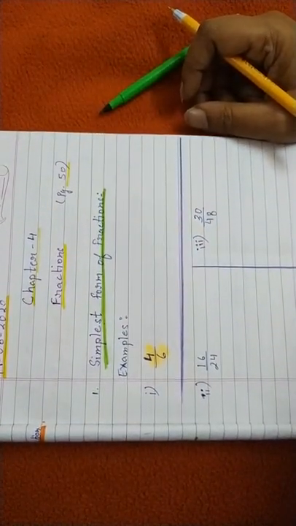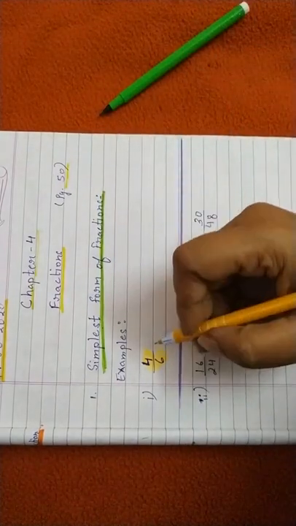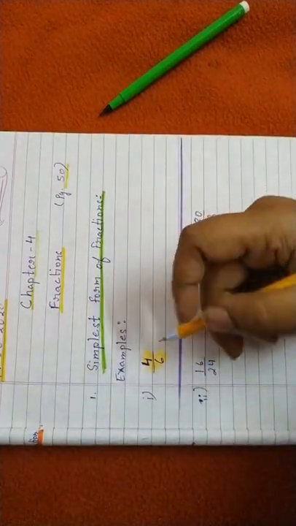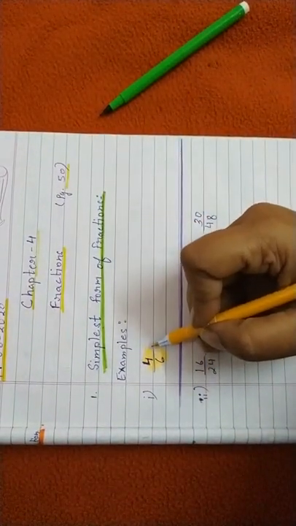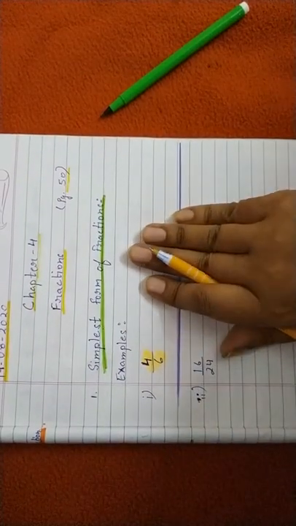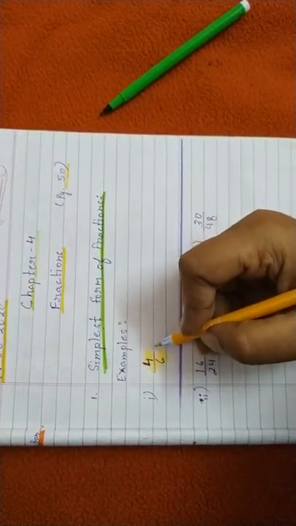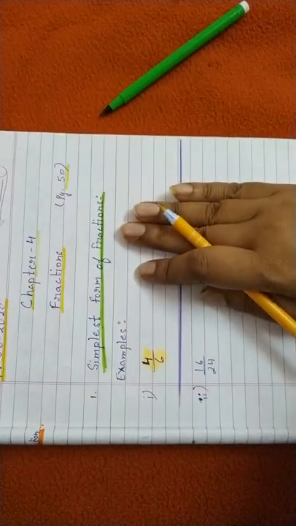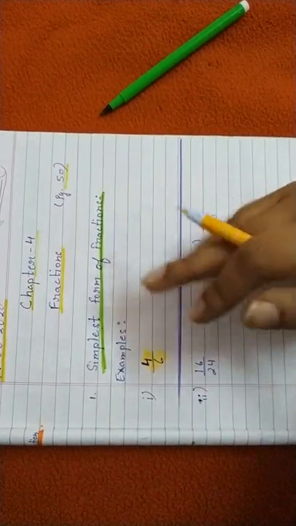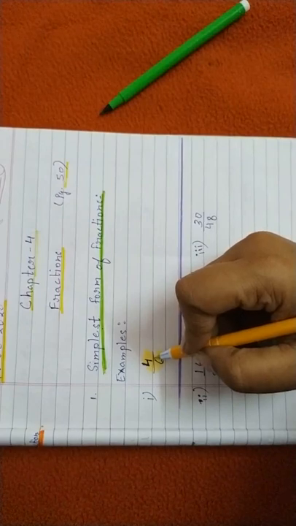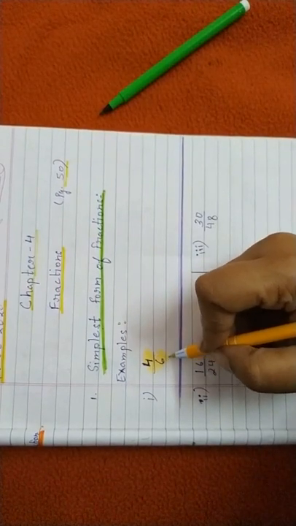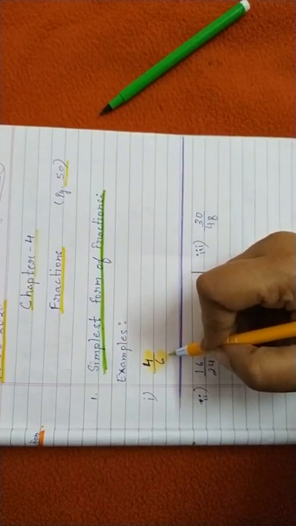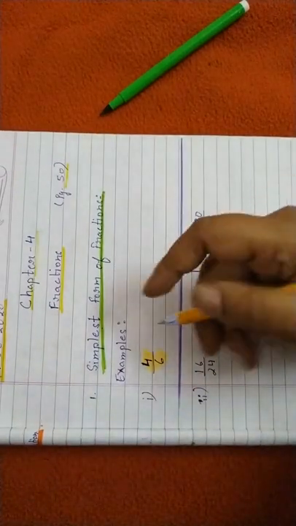You have to choose one common number which will divide both the numerator 4 and the denominator 6. Now skip 1, because every number comes in 1's table. Now see, 4 goes in 2's table. Yes. 6 goes in 2's table. Yes. So we will be taking 2.